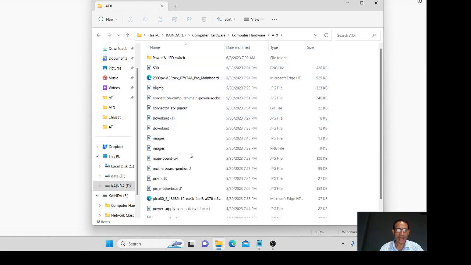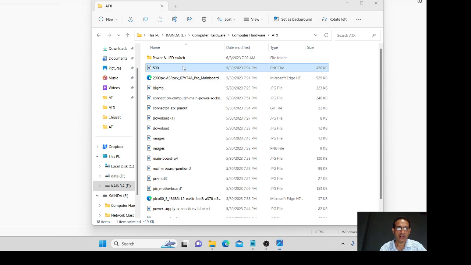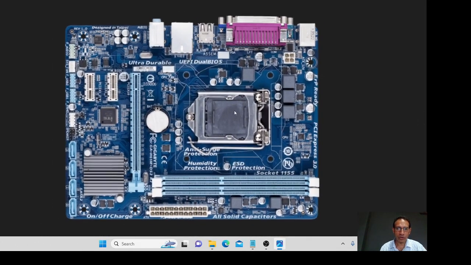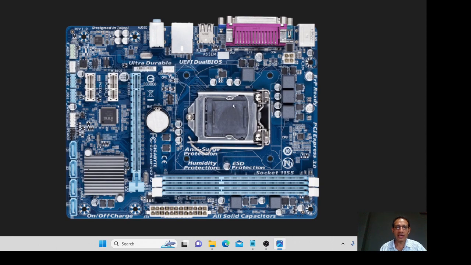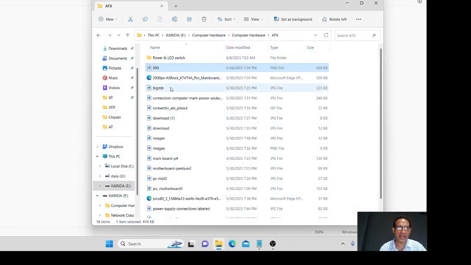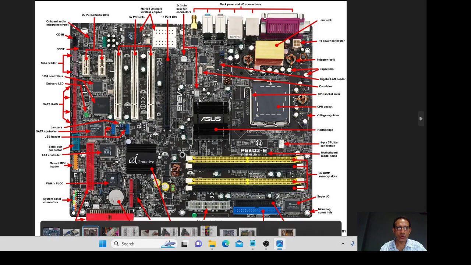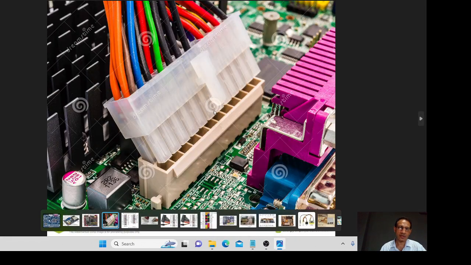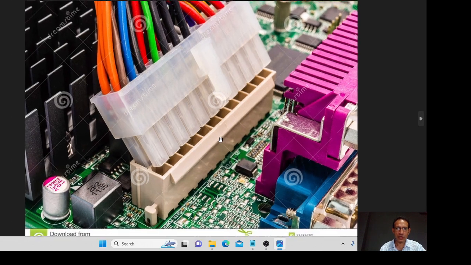When you come to the AT, right? So here it's the AT motherboard. Before I explain this AT, I'd like to show you the AT power unit.